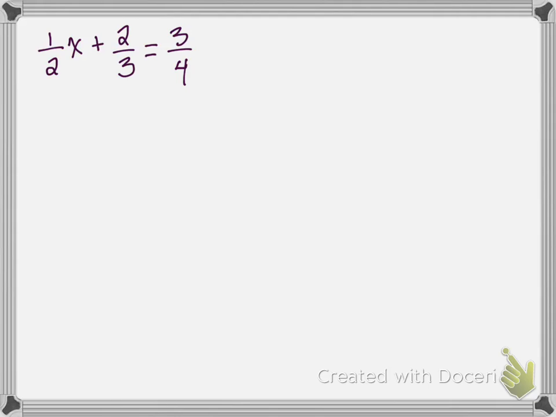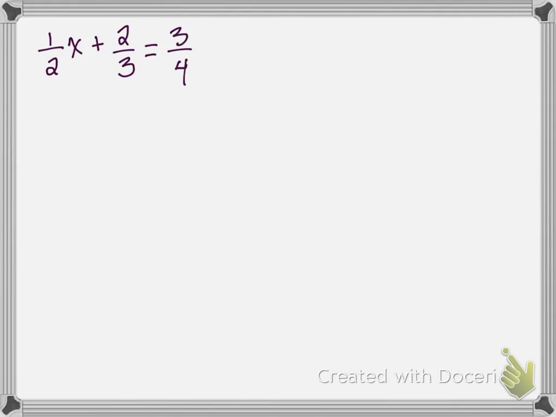I want you to start thinking about a different way to solve this problem. Because when we start solving rational expressions in a month or two, you're going to want to use this technique. So this is a technique that's important for things that we are going to do later on.